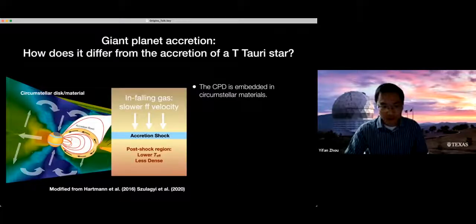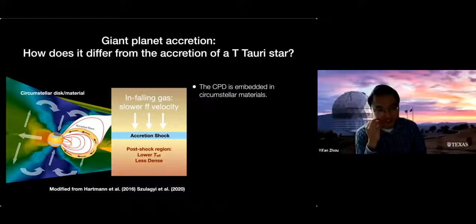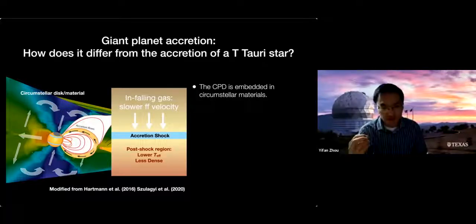But I want to now give a very naive picture of how I think giant planet accretion happens, and try to motivate you that only observing H-alpha may not give us a complete picture in order to measure the accretion rate.